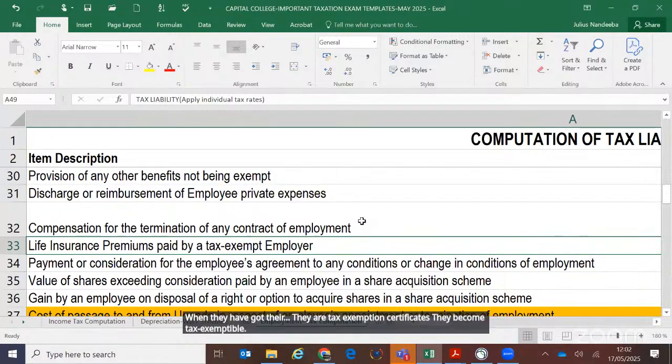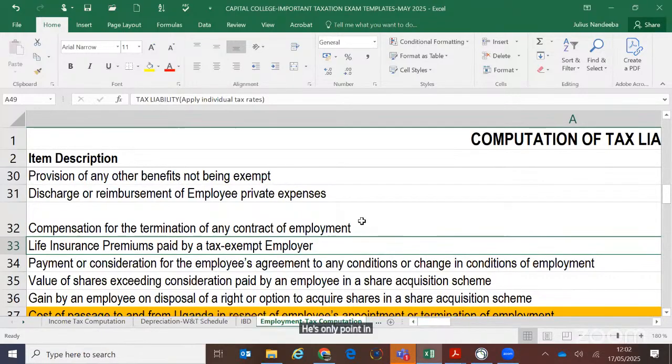So in a question that you're doing and the examiner says the company is tax exempt, he is only pointing you to one item called life insurance premiums. When your employer is tax exempt, and when we say tax exempt, it means exempt from income tax. They are not paying income tax.